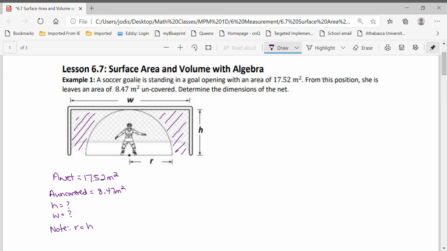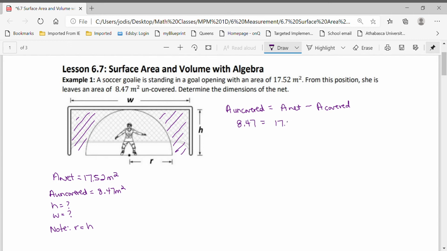So if we actually want to figure this out, we have to figure out the area of the uncovered equals the area of the net minus the area of the covered part, right? So the area of the uncovered part, they told us, was 8.47.